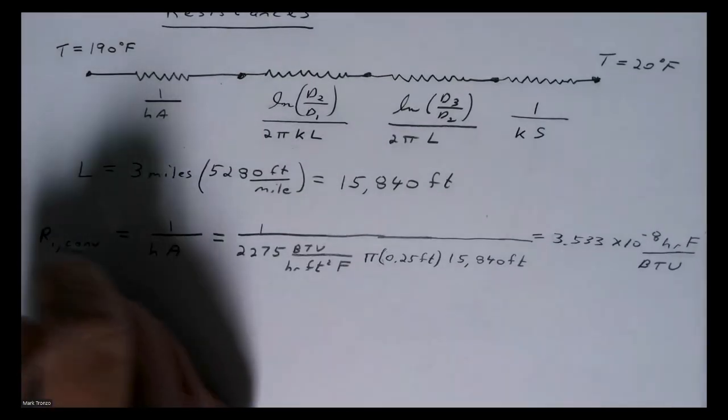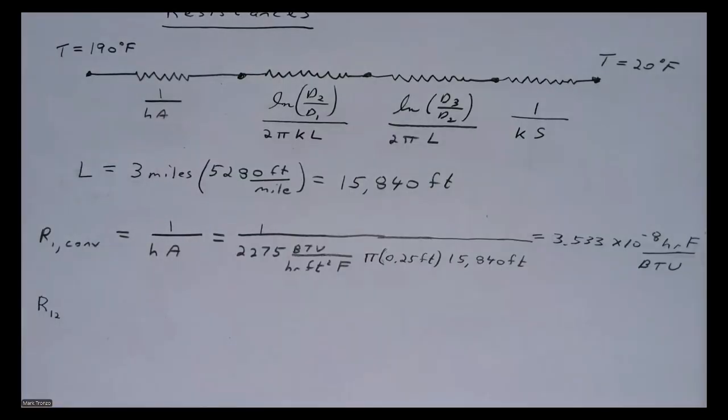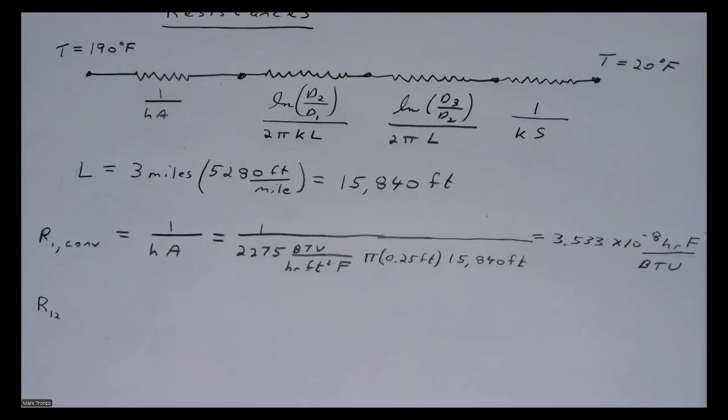And then through the steel, we're going to have a resistance. I'll call that R 1 to 2, since that's the heat transfer that goes from diameter 1 through diameter 2.